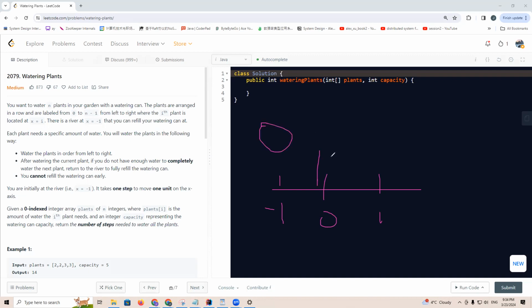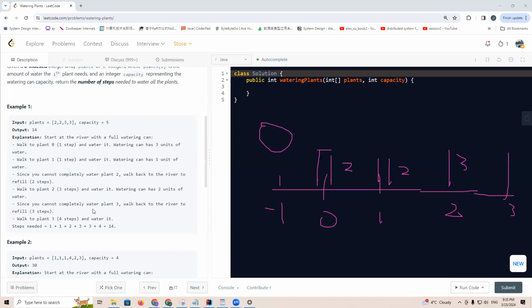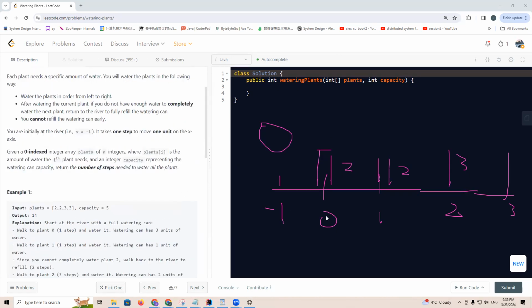There are several plants. For example, these plants need water 2 and 2, this plant needs water 3, and this plant needs water 3. You go through from the initial position and go to the right.